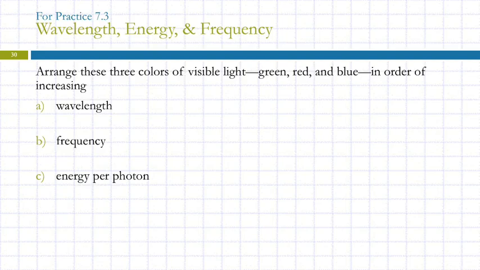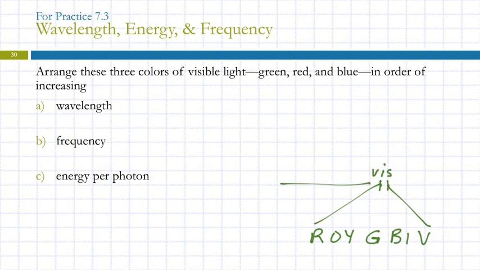So how do we do this? The way I would answer this is I would draw myself a little picture. So I'm going to draw a little ugly picture here. So I've got ROY G. BIV, right? The colors of the rainbow, and so that's my visible light.